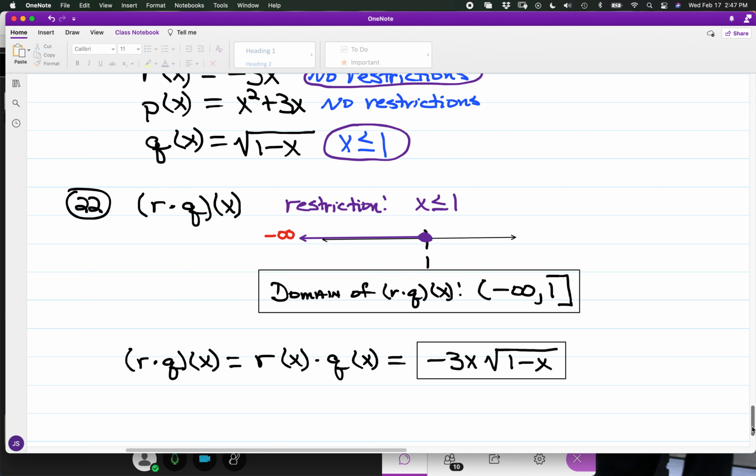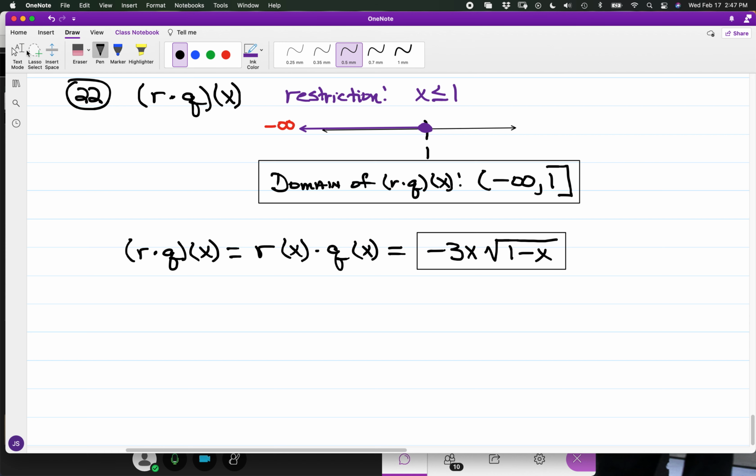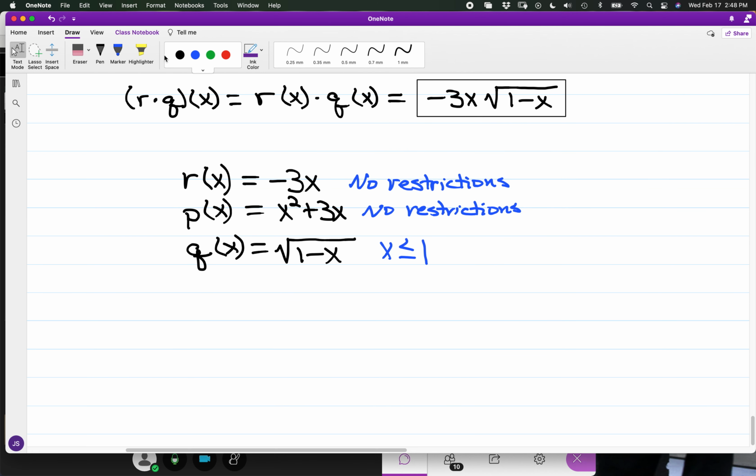Now for the next items, we have dealing with quotients. In the case of number 24, that one is q over r of x.